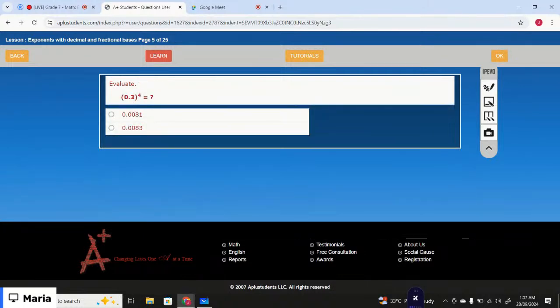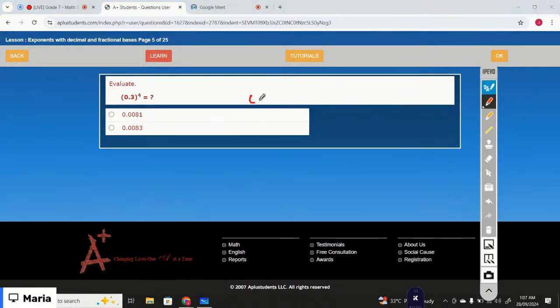The next one is evaluate 0.3 exponent 4. So you have to do 0.3 times 0.3 times 0.3 times 0.3. 3 times 3 is 9, 9 times 3 is 27, and 27 times 3 is 81. So that is 0.81.